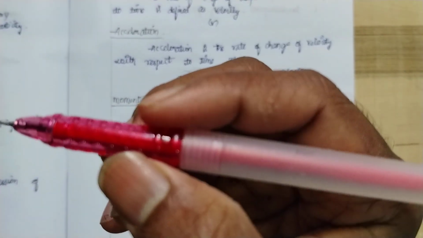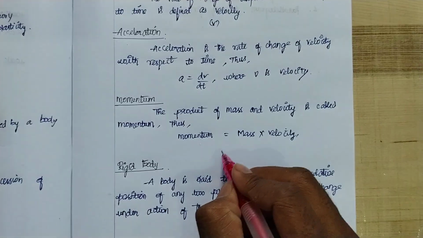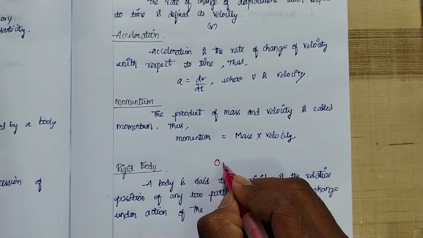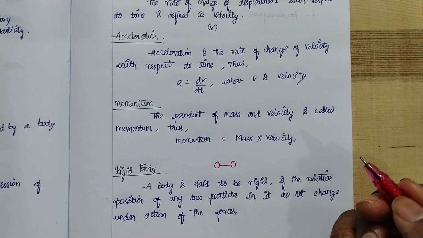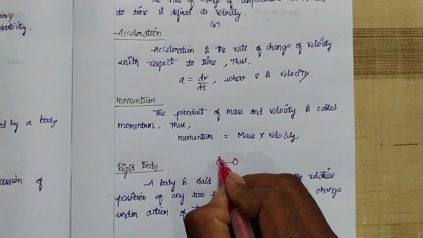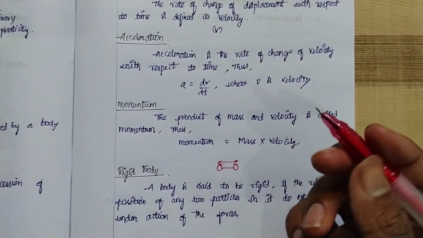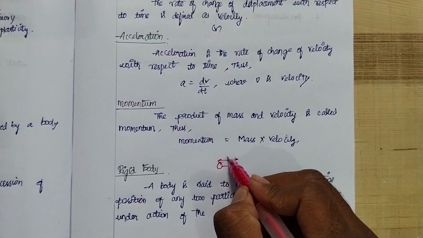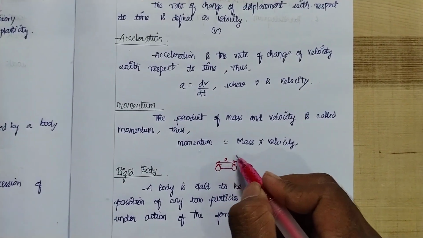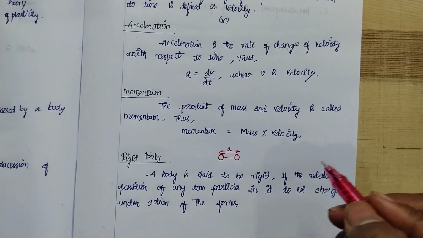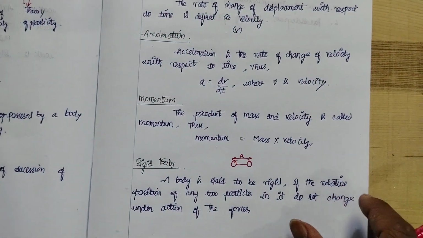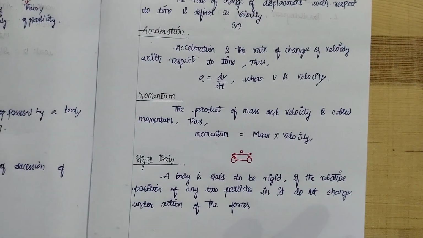If you zoom in on this pen, one atom is situated with respect to another atom. The relative position does not change with respect to any action of forces. If the distance between atom A and atom B does not change under the action of forces, then the system is said to be in a rigid form.